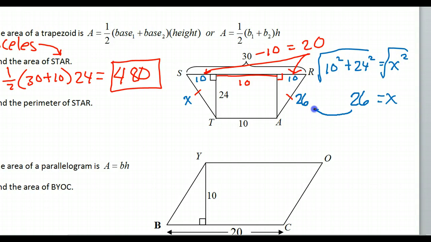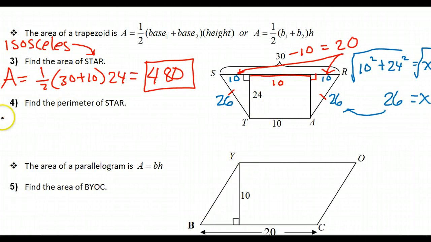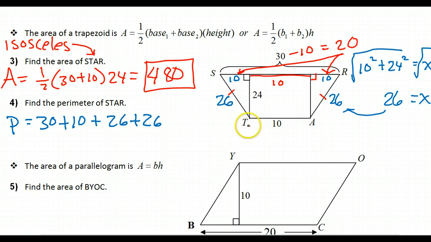So this is 26 and this is 26. Now I'm all set to do the perimeter. So my perimeter is going to be 30 plus 10, the two bases, plus 26 plus 26, the two legs. Add that all up and that's going to be my perimeter. So that is 92.